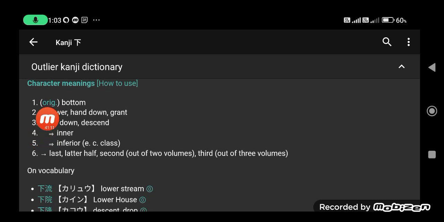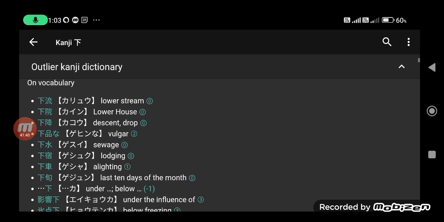So the original, or ancient Chinese meaning is bottom, and primary meaning lower or hand down or grand. Primary meaning, go down, descend. Secondary meaning, inner. Secondary meaning, inferior in class. Okay, so another primary meaning, the last or the latter half, or second out of 2, or third out of 3 volumes. So some vocabulary here.